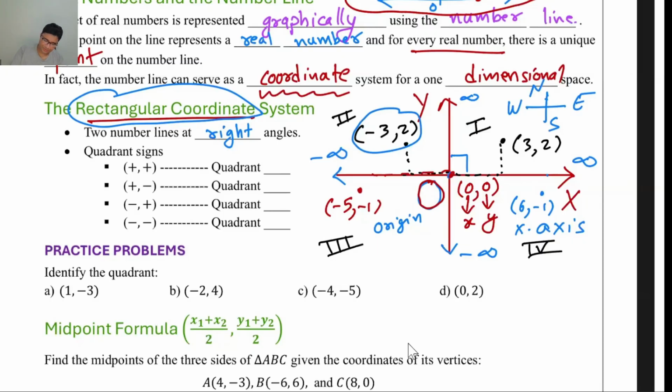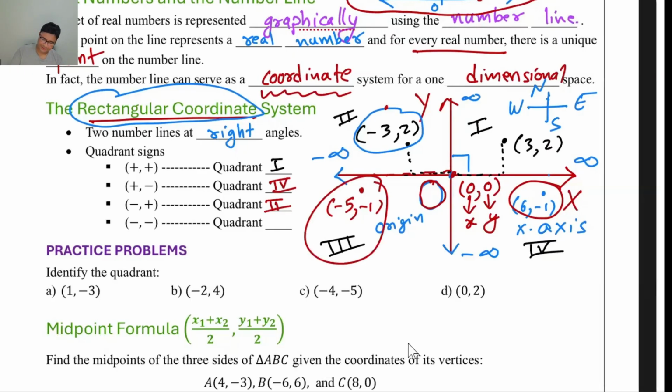If it is positive and positive, that is your first quadrant. If it is positive and negative, like 6, -1, that is the fourth quadrant. Negative and positive, like -3, 2 here, that is the second quadrant. And if both are negative, as you can see here, -5, -1, that is the third quadrant.